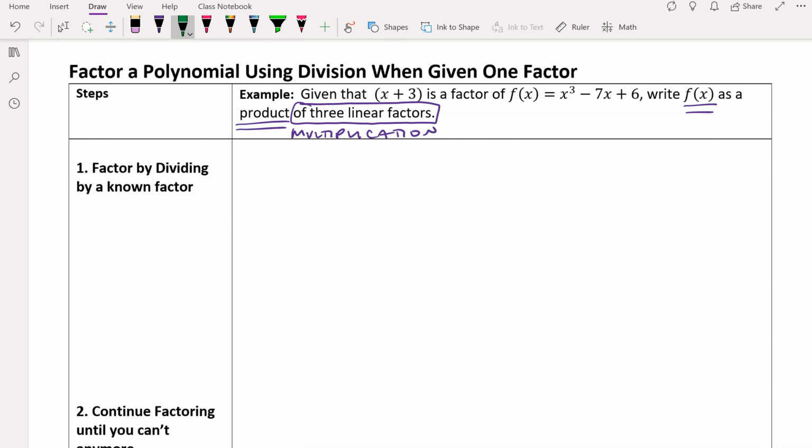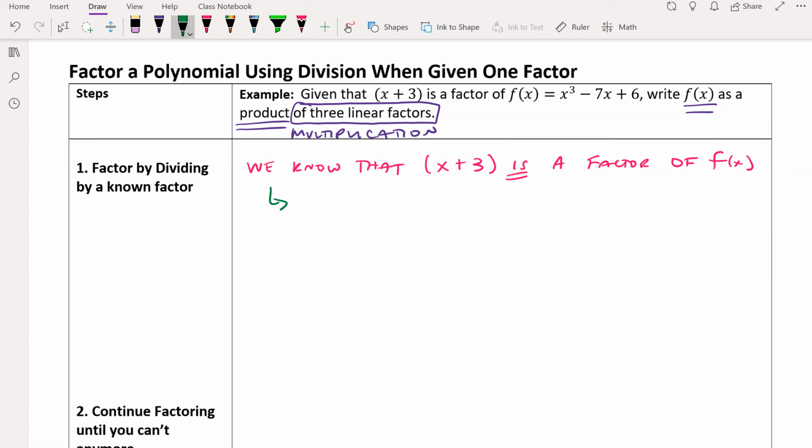All right, this tells us we know a factor. Based on the problem, we know that what is a factor? X plus 3 is a factor of f of x. Okay, so really quick, let's make sure we know exactly what that means.